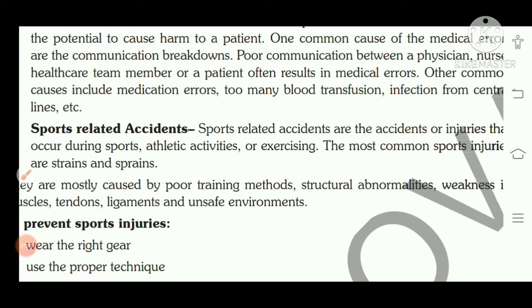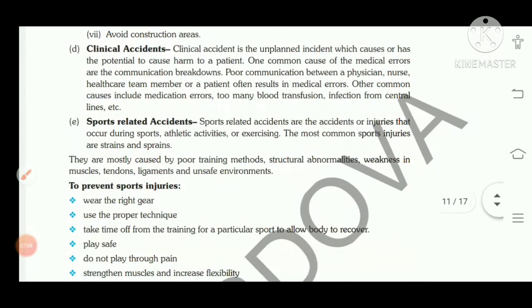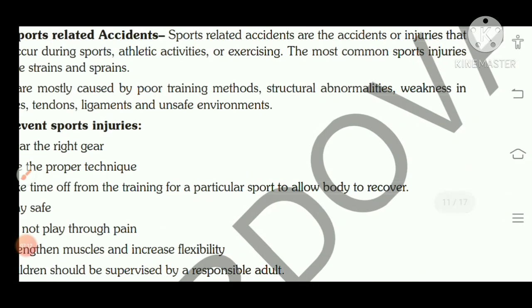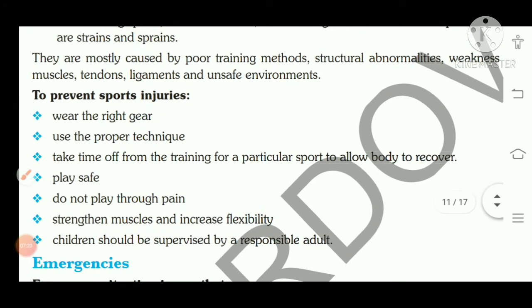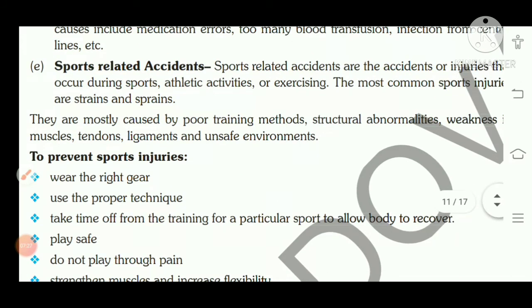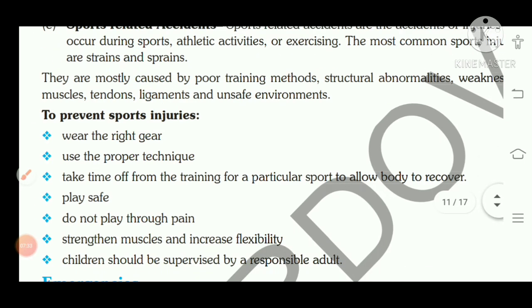So these are the sports related accidents, mostly caused by poor training methods, structural abnormalities, or if a guide is not with you and you don't know how to tackle the equipment, or weakness in muscles. With these problems, this one is your sports related accident. Children, next is how we can protect ourselves from these sports injuries.